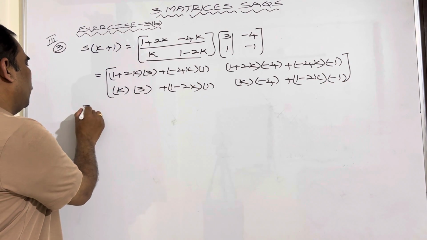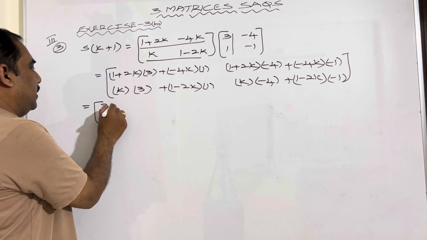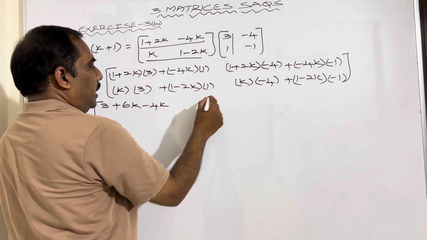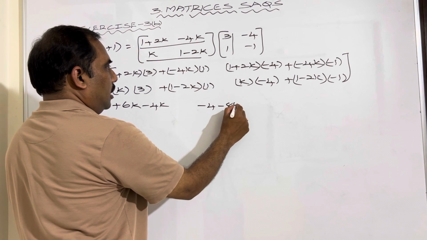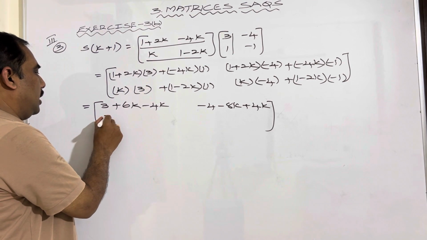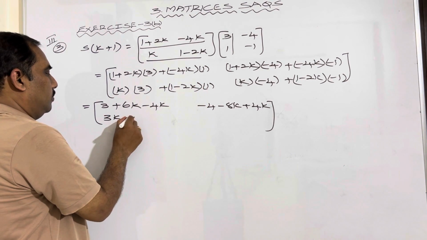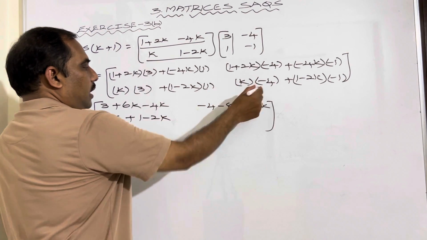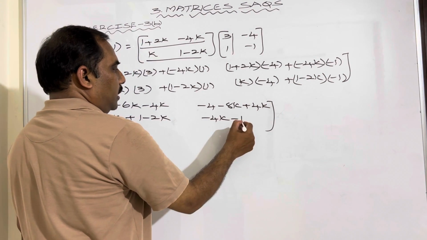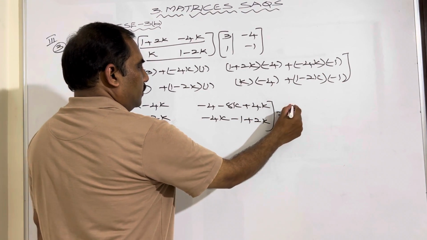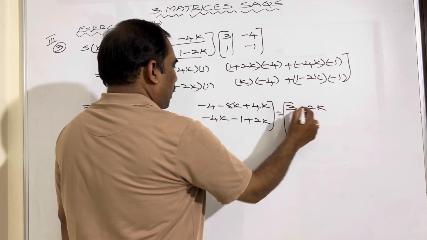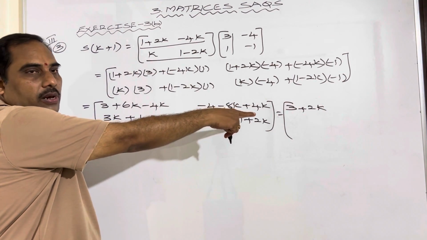Now if you multiply that, we get 3 plus 6k minus 4k, and minus 4 minus 8k plus 4k.